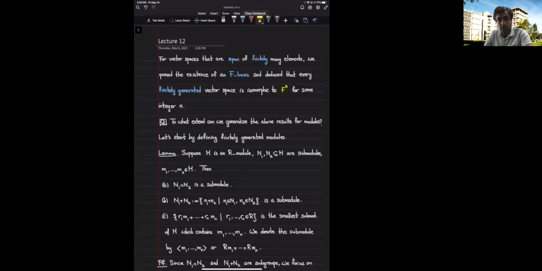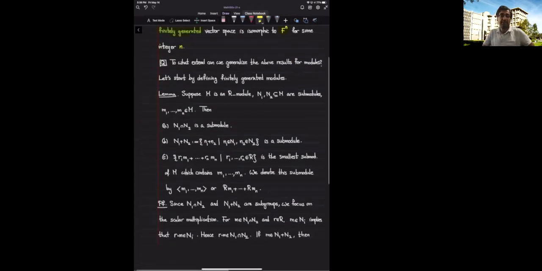So altogether, on the vector space side, we have proved that a vector space that is finitely generated, that means it is spanned by only finitely many vectors, is isomorphic to F to the n for some integer n. This is a result that we have proved for vector spaces by showing existence of basis for a vector space.